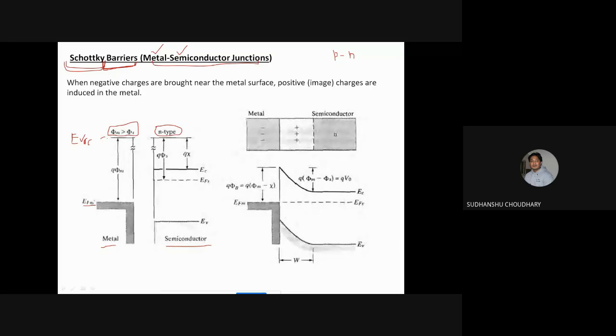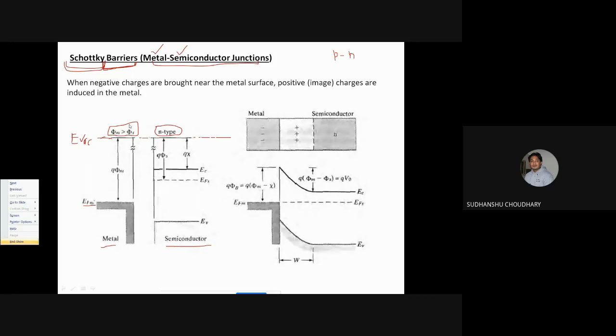So this is the vacuum energy level. Work function is the amount of energy that a carrier must achieve, and if it achieves this energy, equal to the work function energy, then it can escape the material and reach the vacuum energy level.